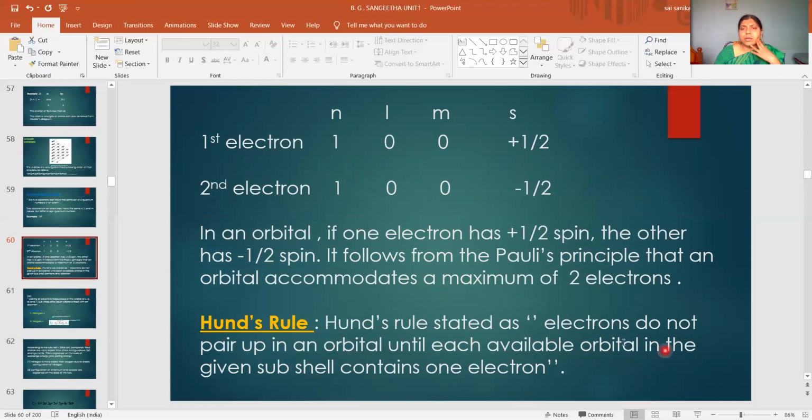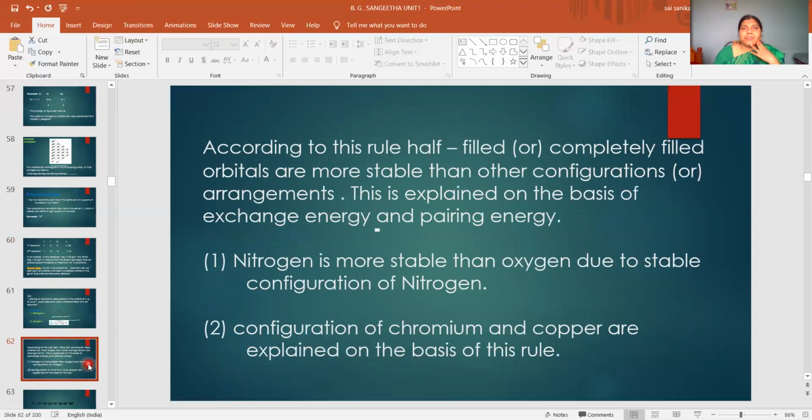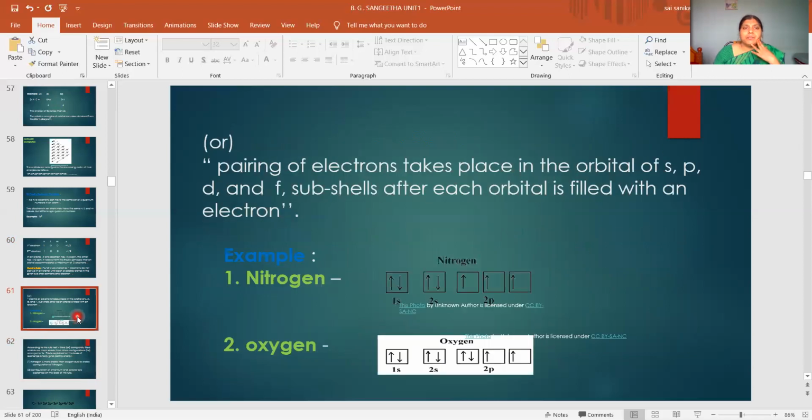Each and every orbital should receive at least one electron. A single electron will be filled in each and every orbital, then only will we start pairing up. So that is called Hund's rule.